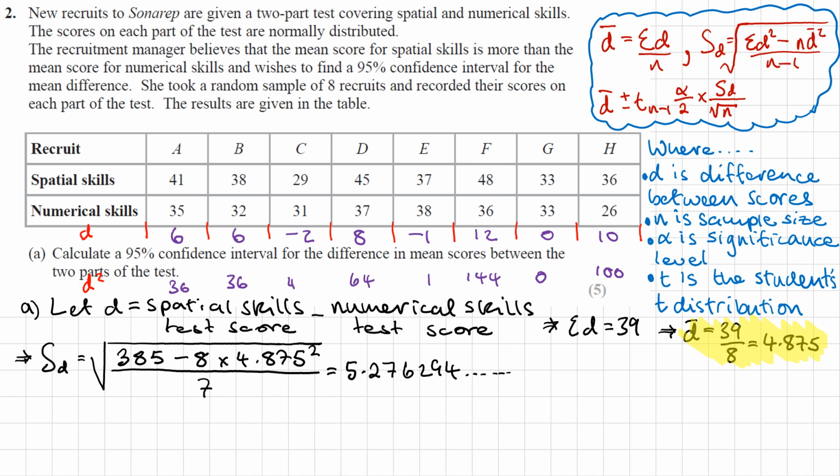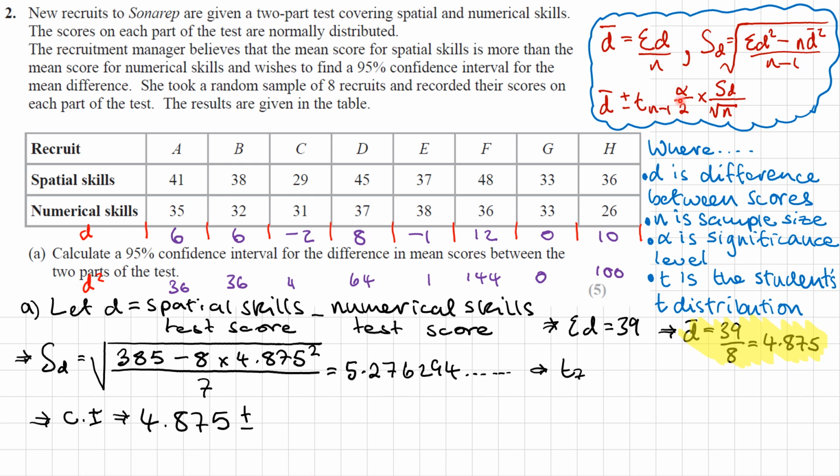So the mean, so this is now for my confidence interval, basically the limits of the confidence interval, 4.875. Okay, so that's this value here, plus or minus. Now we need to look up values from the student's t distribution here. So we need to look up t, and the number of degrees of freedom is going to be 8 minus 1, 7.